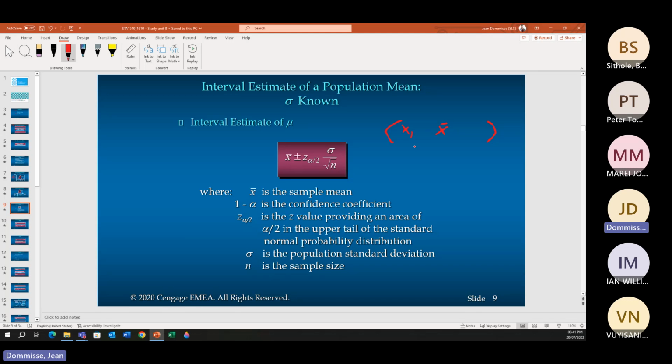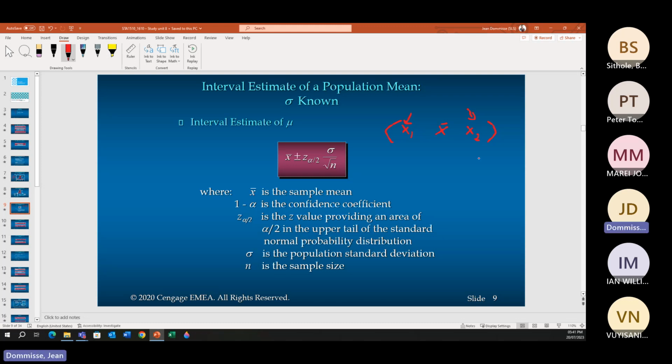Let's call it x1, and then we will add again to the mean so that we can get a value that is bigger than the mean. Okay, so that will be your two, the lower confidence and the upper confidence levels.